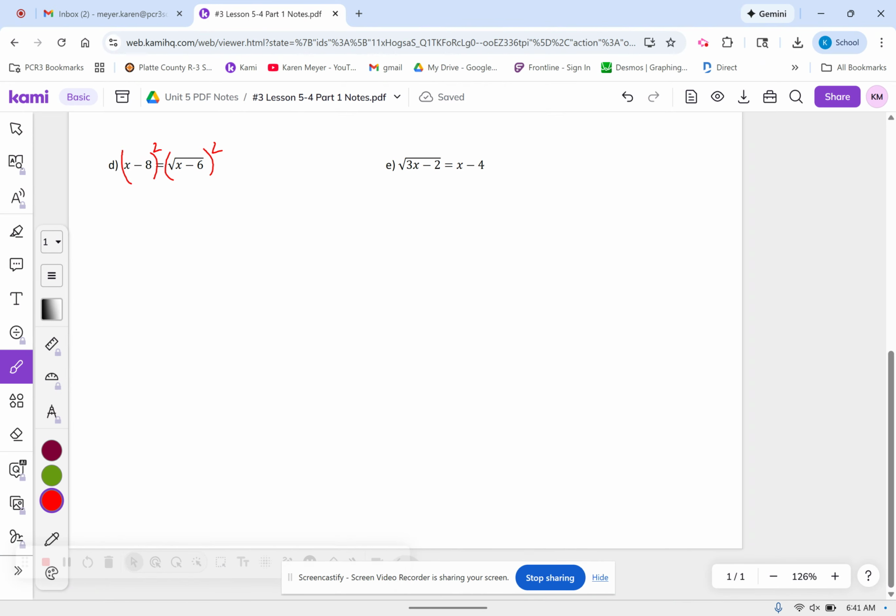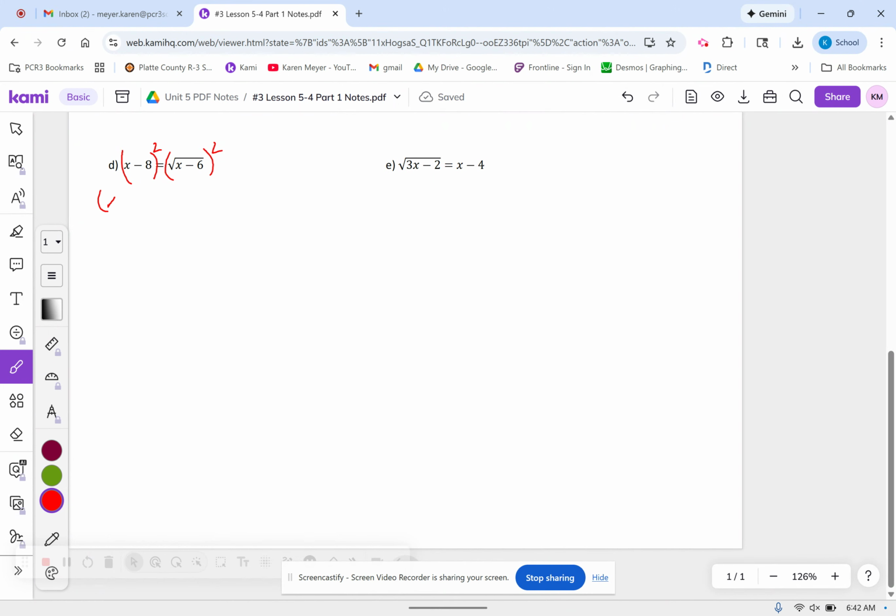And then this is where it gets interesting, because when I have x minus 8 squared, that does not mean square x, square 8. No, no, no. What x minus 8 to the power of 2 means is take it times itself.